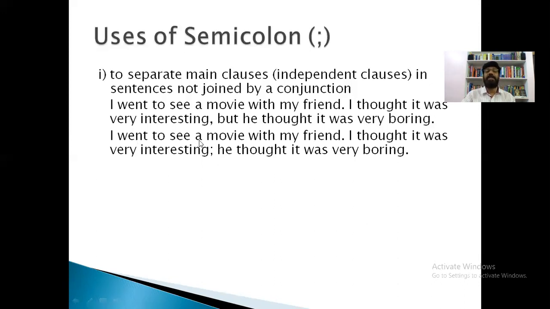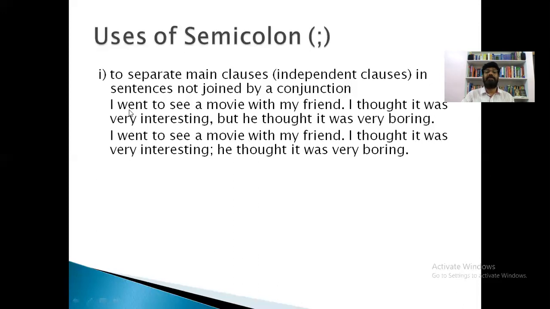I went to see a movie with my friend. I thought it was very interesting. He thought it was very boring. Actually, these two clauses are not joined by any conjunction here. In such case, we can separate these two clauses with a semicolon.